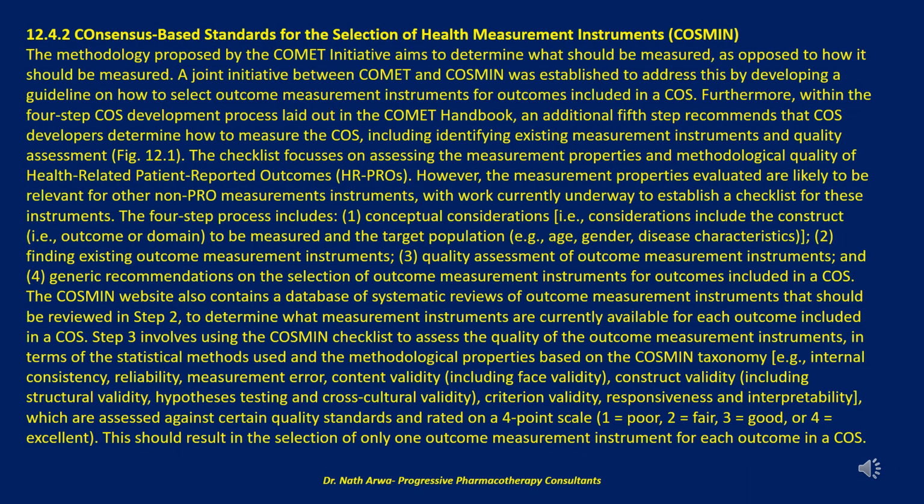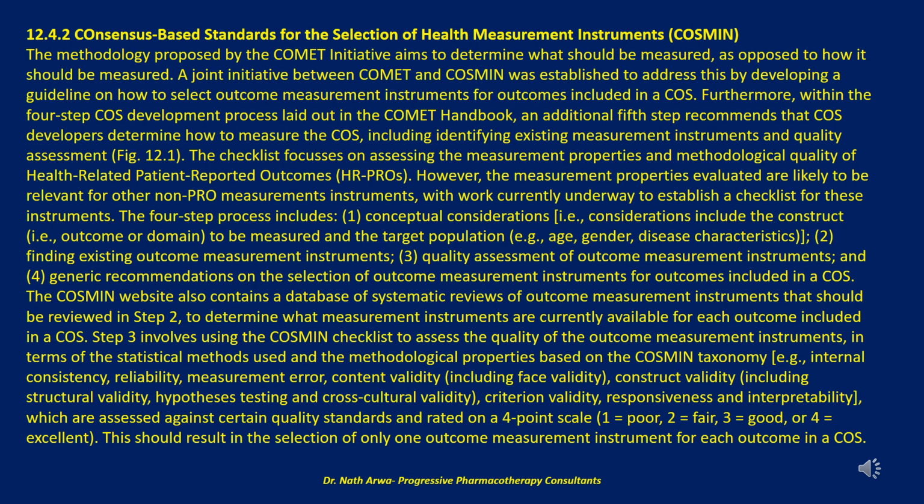Next we will discuss consensus-based standards for the selection of health measurement instruments, abbreviated as COSMIN. The methodology proposed by the COMET initiative aims to determine what should be measured, as opposed to how it should be measured. A joint initiative between COMET and COSMIN was established to address this by developing a guideline on how to select outcome measurement instruments for outcomes included in a core outcome set.